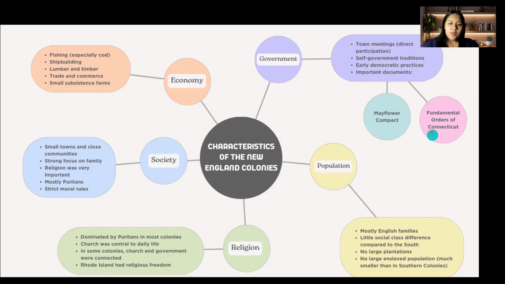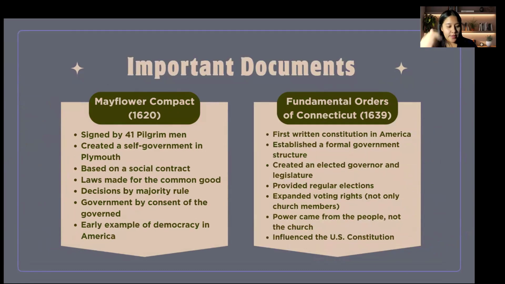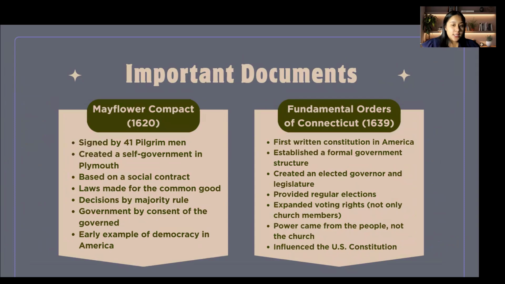Now, I want to talk more about these two important documents that bring to the history. First, the Mayflower Compact was signed in 1620 by 41 Pilgrim men on the Mayflower before they landed in Plymouth. They created this agreement because they were outside of the authority of the Virginia Company, so they needed rules to govern themselves.